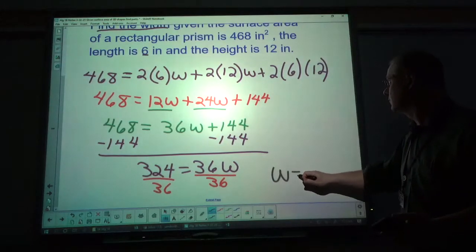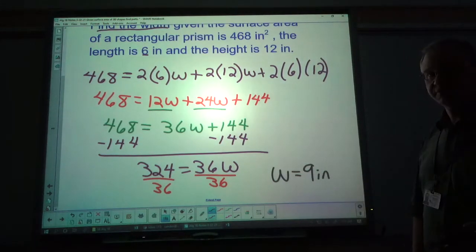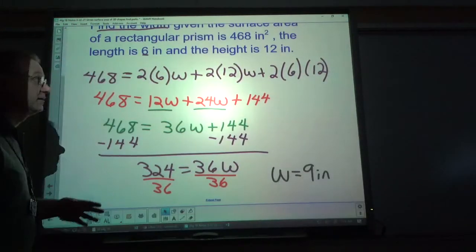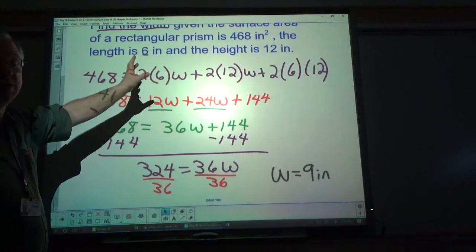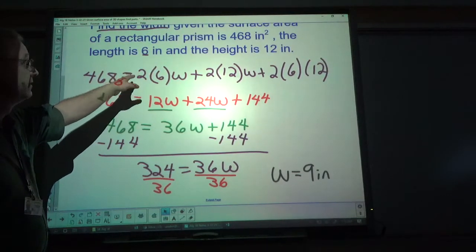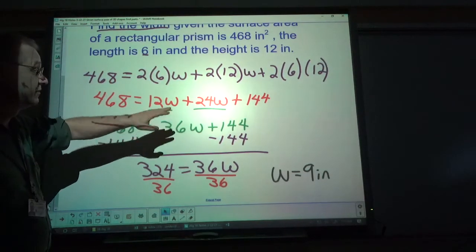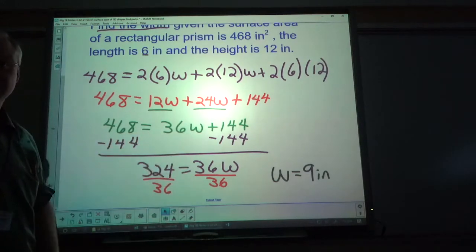W equals 9 inches. And there you have your answer. So step 1 was to plug in. Step 2 is to simplify or combine, multiply all through here. Then combine like terms, get rid of addition, subtraction, then get rid of multiplication, division. Now we have our answer.